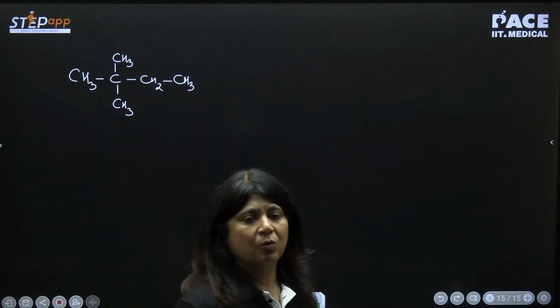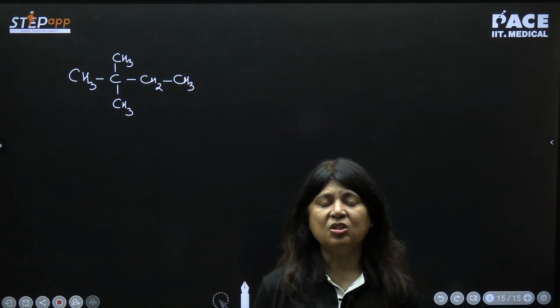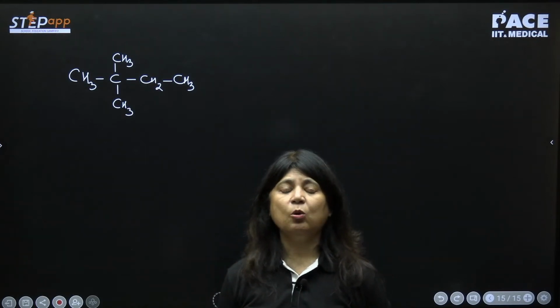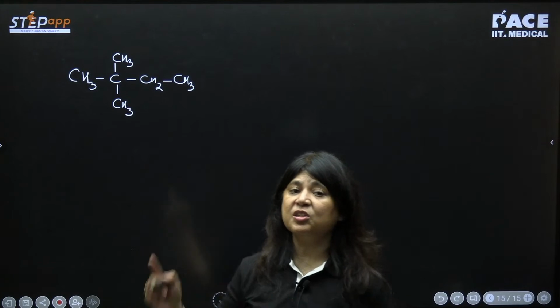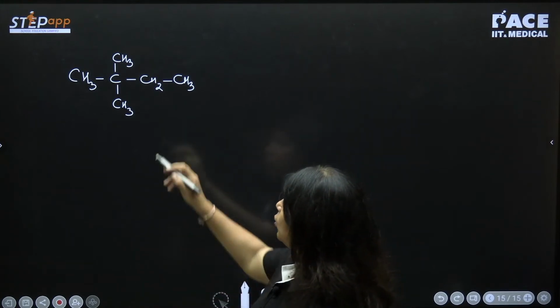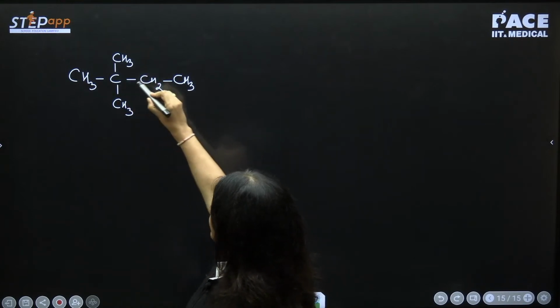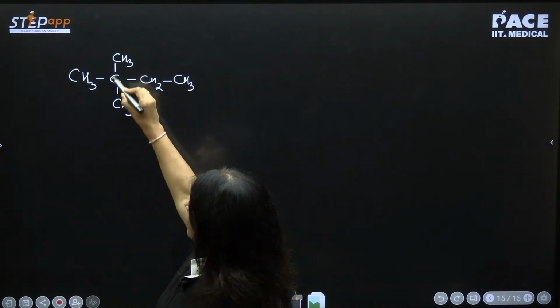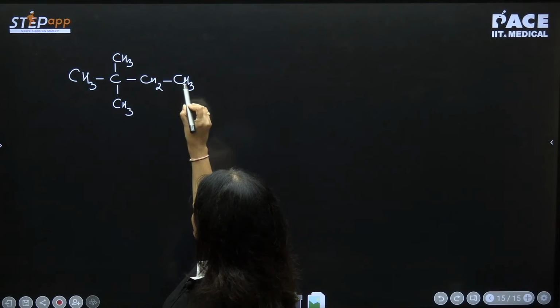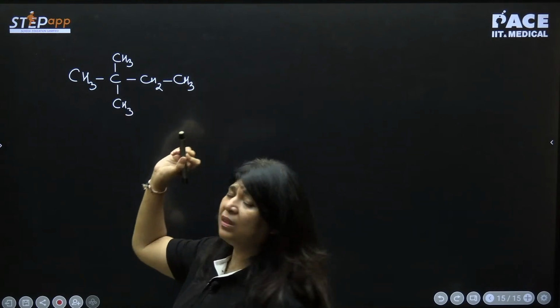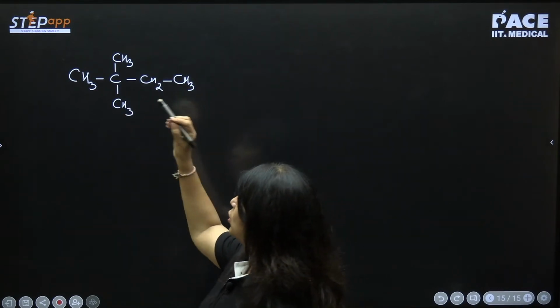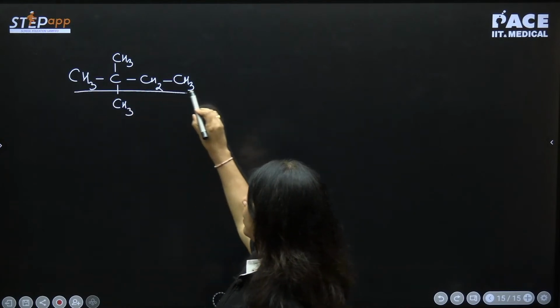Now for this compound, again the parent chain here will include the maximum number of carbon atoms, which here are 4. So I could take this as the parent chain with 4 carbon. I could also take this as the parent chain with 4 carbon. I could also take this as the parent chain with 4 carbon, but all 3 are same. So you could select any one.